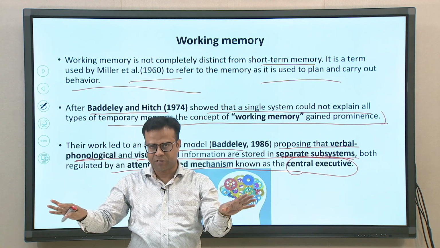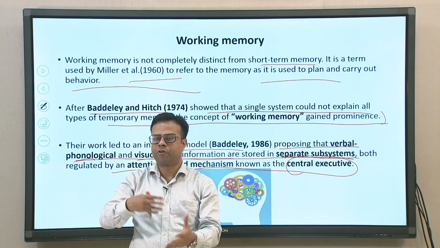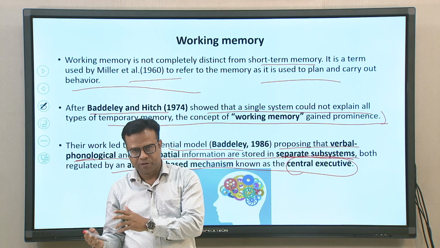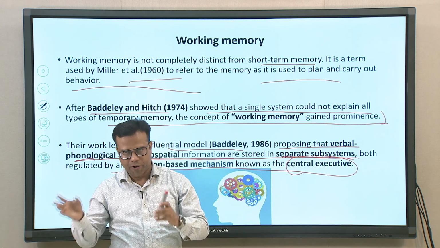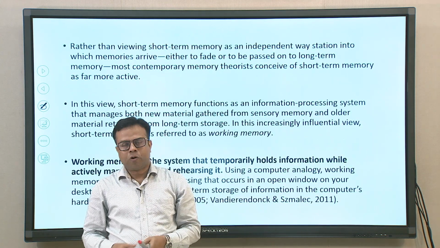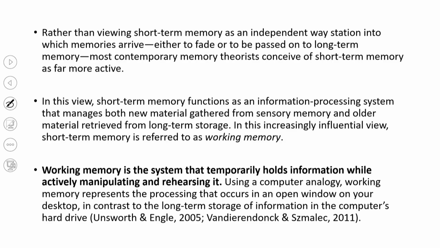These are 2 separate systems, and the central executive controls both of them, and processes information from both of these subsystems. So, the initial model had 3 components within the temporary storage of short term memory. Obviously later they included one more system that we will talk about.